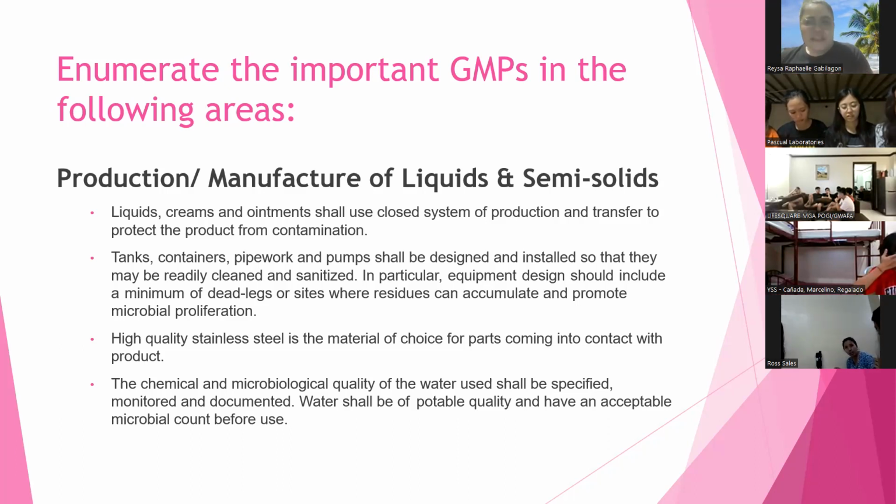I hope you have observed that most of the materials used in manufacturing companies are high quality stainless steel. Stainless steel is really what is used. Actually, we have a board exam question for that: what kind of stainless steel is used for manufacture? Stainless steel is non-reactive, right?